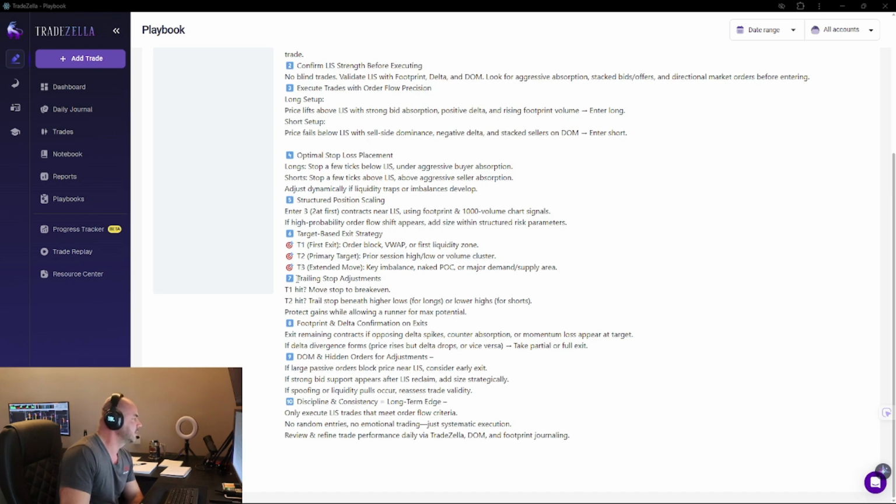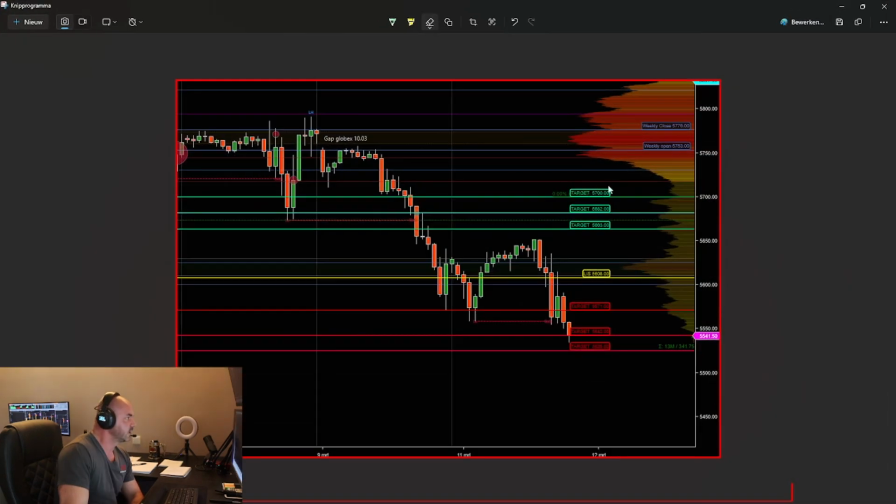We take a trailing stop if target 1 is hit. Right here, target 1 is taken out, and our stop moves to break even. So if we have taken an entry here, our stop moves to break even. If target 2 is hit, our stop moves to target 1. And if target 3 is hit, we don't have any stops anymore.